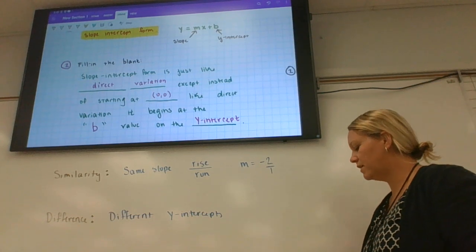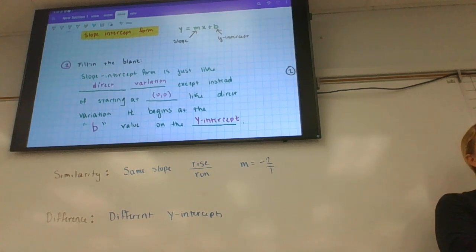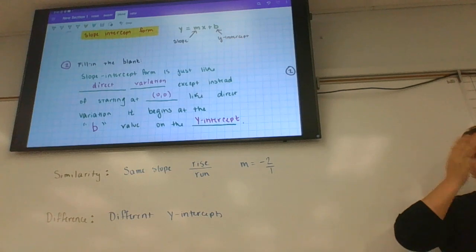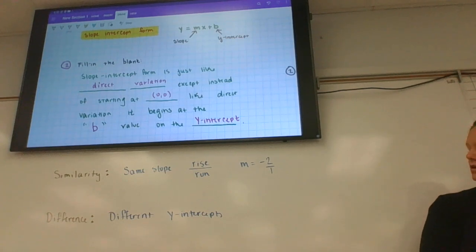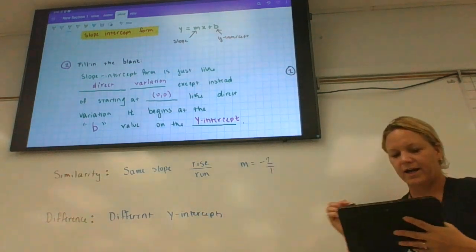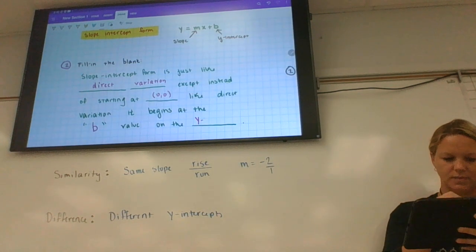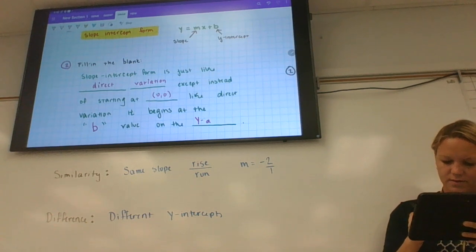It begins at the b value on the y-intercept. So when you make your graph, you start at whatever number is there in the equation on the y-axis, and then you move your rise over run.